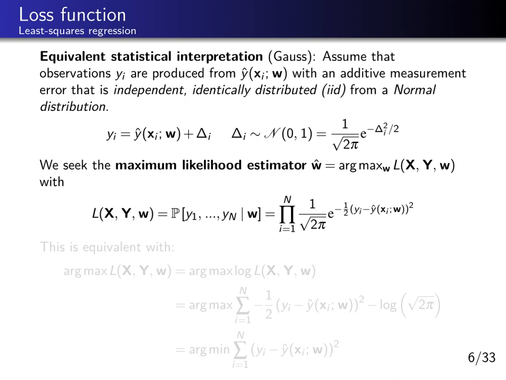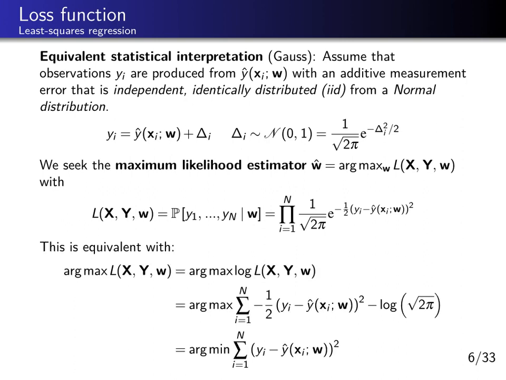We maximize w. Okay. So instead of maximizing w in this product, we can also maximize w in the logarithm of this product. Why do we do this? Because it is much more convenient to work with sums than with products. And the logarithm is again a monotonic function.